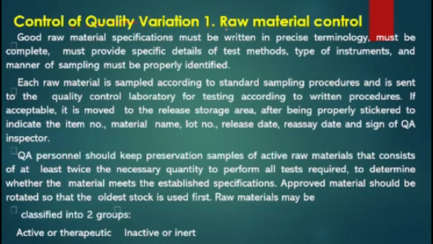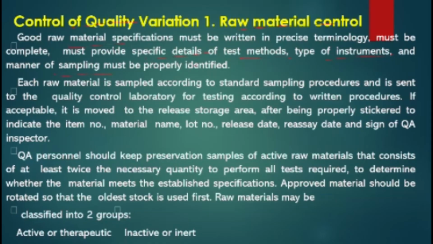Control of quality variations. First one is raw material control. Good raw material specifications must be written in precise terminology, must be complete, must provide specific details of the test methods, type of instruments they use, and the manner of sampling must be properly identified.